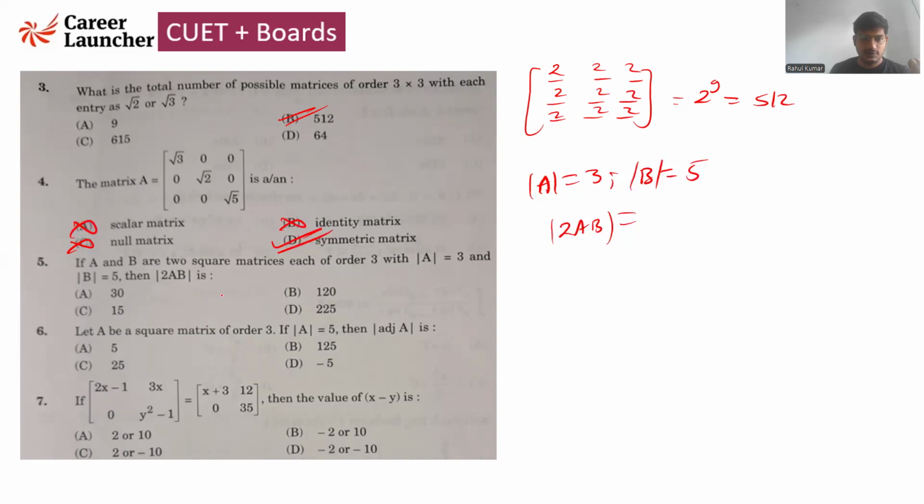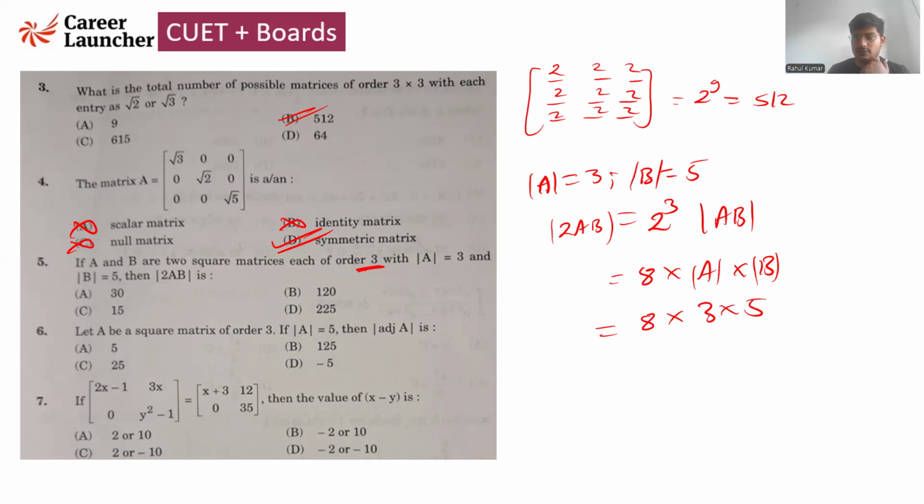Because these are square matrices of order 3, 2 cubed comes out and we're left with 8 times determinant of A times determinant of B. So 8 multiplied by 3 multiplied by 5, 8 times 5 is 40, and 120 is the correct answer, which is option B.